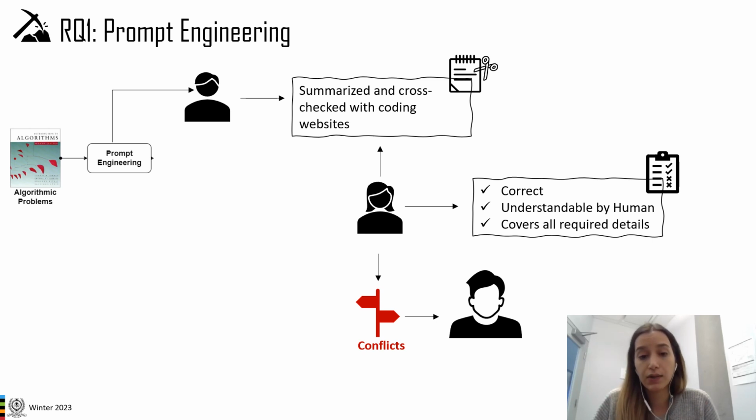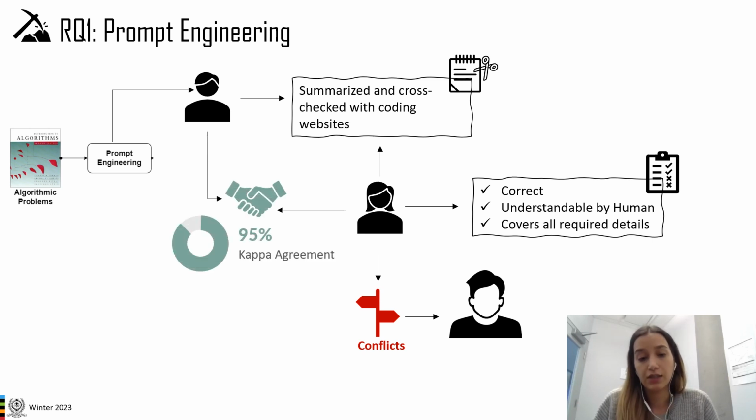We summarized the problems and checked that they were correct and understandable by humans, and the third author, who has lectured this course for several semesters at university, resolved the conflicts and also checked the descriptions. We ended up with 95% kappa agreement that the descriptions are complete, understandable, and well summarized.